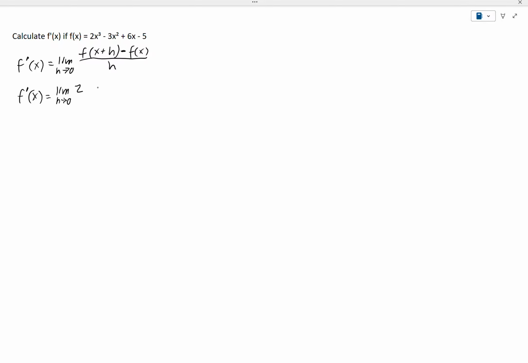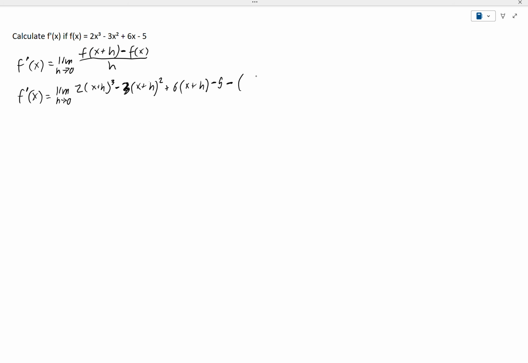So that's going to become 2(x plus h) to the third power minus 3(x plus h) squared plus 6(x plus h) minus 5. Then I'm going to be subtracting f of x.